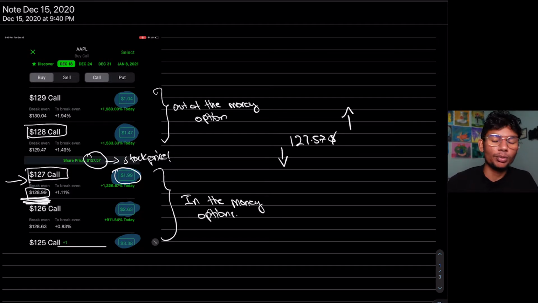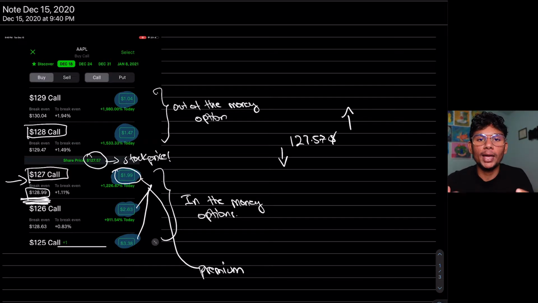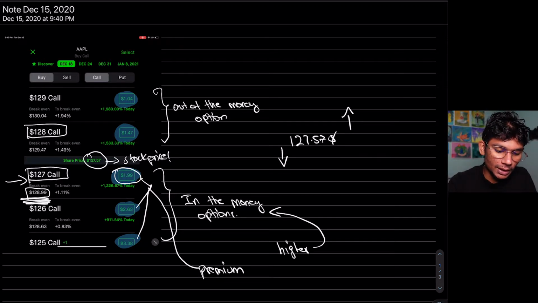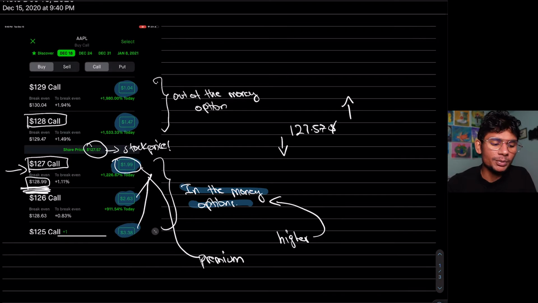Now, one very important thing to look at is the premiums, right? If you look at all these premiums, the amount of money you pay to buy one call option is higher for in the money options. And you may be asking, why are premiums so much higher the lower you go?